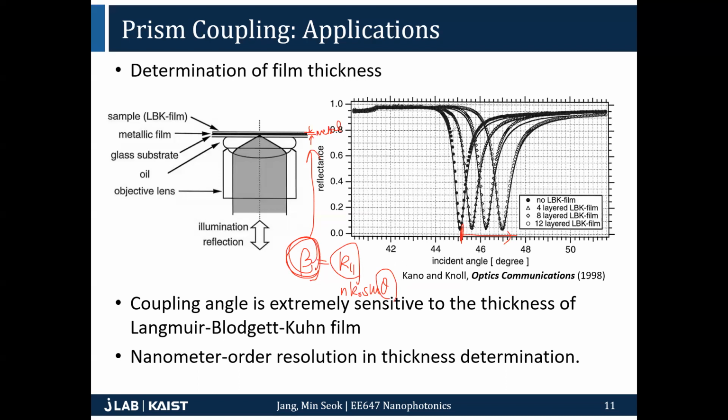So if you measure the reflectance as a function of excitation angle, depending on the thickness of the metal, in this case, it's not the metallic thickness, it's the thickness of dielectric on top. But anyway, it's very sensitive, right?